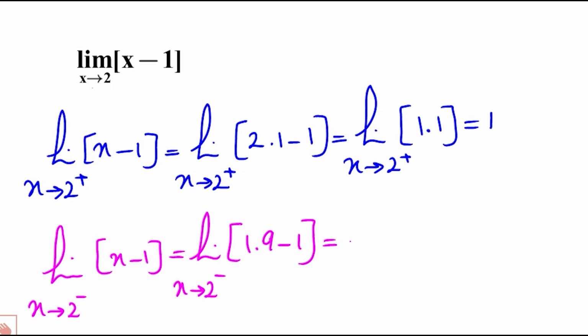So we have 0. Since the limit from the right is 1, which is not equal to the limit from the left, we say that the limit does not exist.